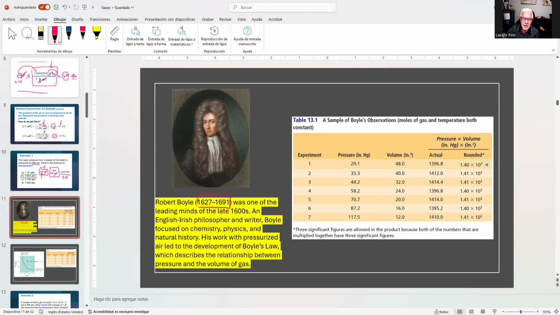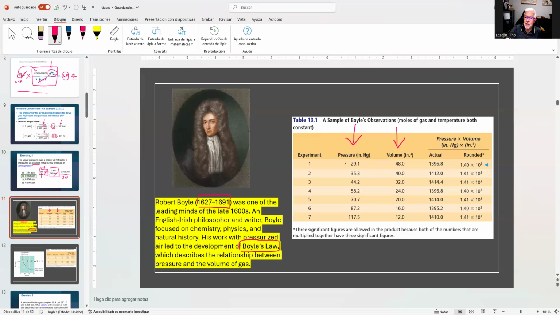His work with pressurized air led to the development of one law that is very important. It's known as Boyle law. He described the relationship, sorry, between pressure and volume of the same gas.